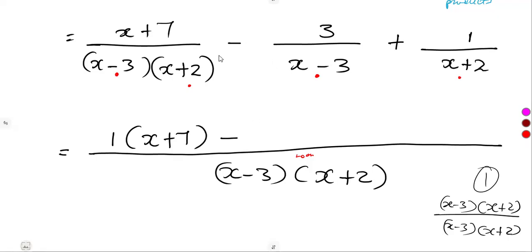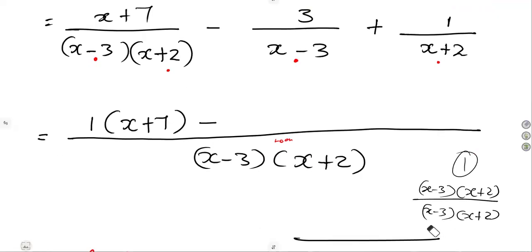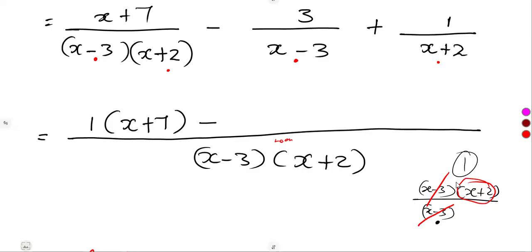Minus, we have a negative there. We do the same thing, our LCM to the denominator. In this case, our denominator is what? x minus 3. We just have one denominator there, which is x minus 3. What is going to happen? x minus 3 and x minus 3 are going to cancel. You are going to remain with x plus 2.